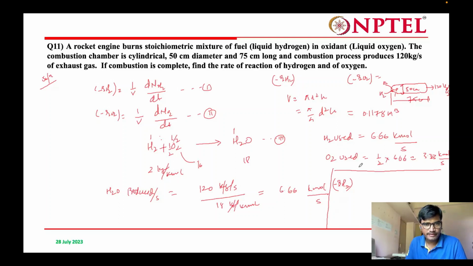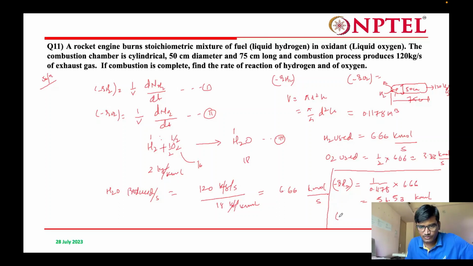Now the rate of reaction of hydrogen is equal to 1 by the volume of cylinder 0.1178 times 6.66, which equals 56.53 kilomole of hydrogen divided by meter cube of rocket per second.